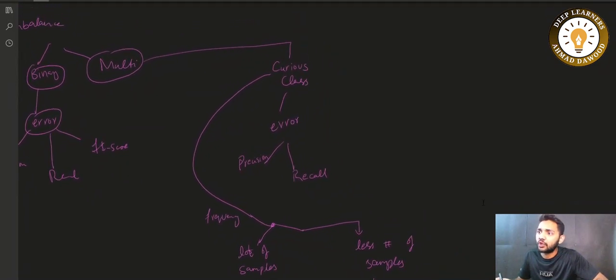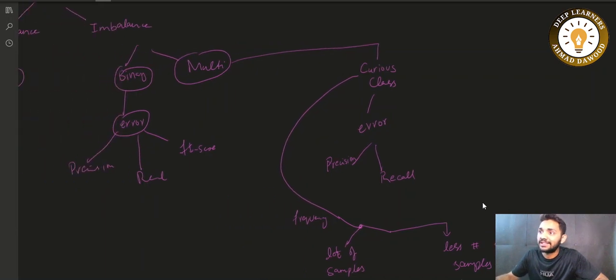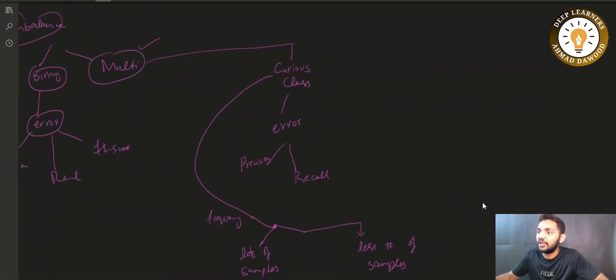If all classes are equally important for you in a multi-class case, and your dataset is imbalanced, or all errors are equally dangerous for you, you can use F1 score.